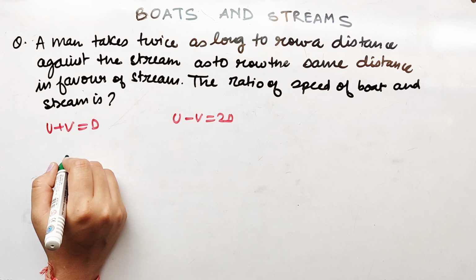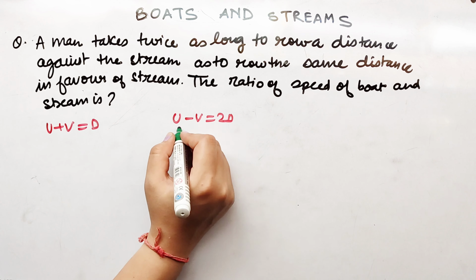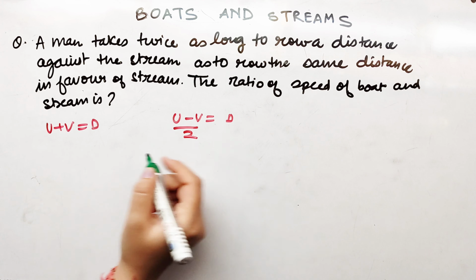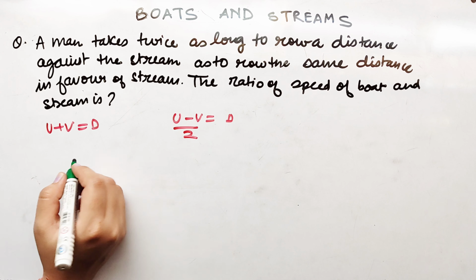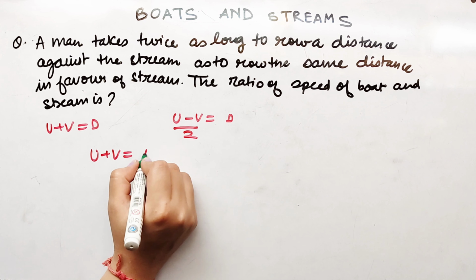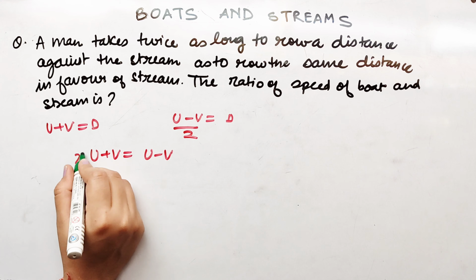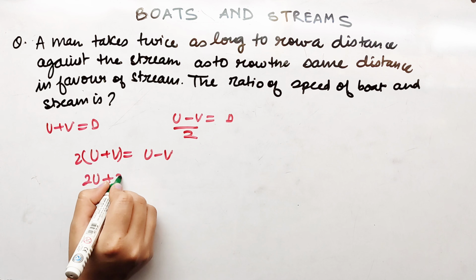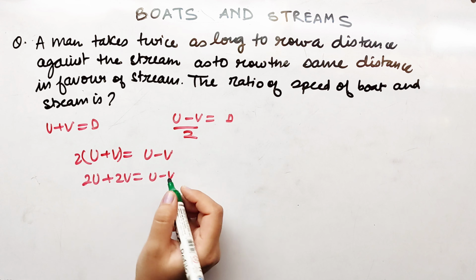So from the question we can conclude that u plus v is d, which is the boat has traveled a specific distance downstream, and the boat has taken half the time to go downstream, but the boat has taken twice the time in going upstream.